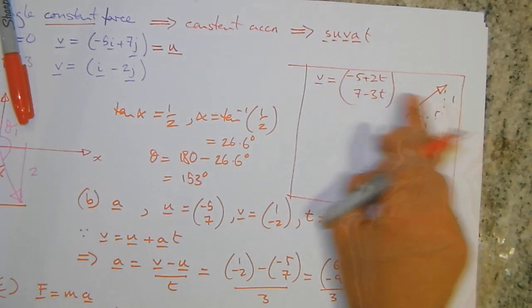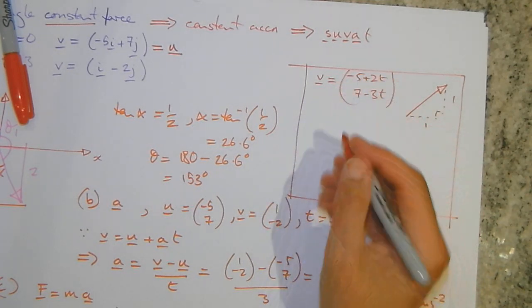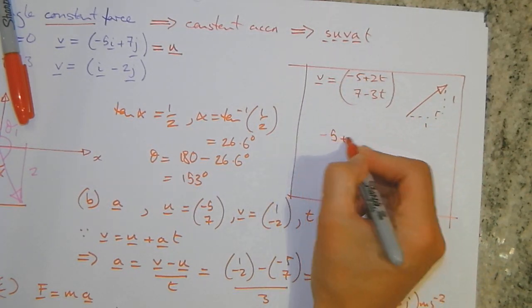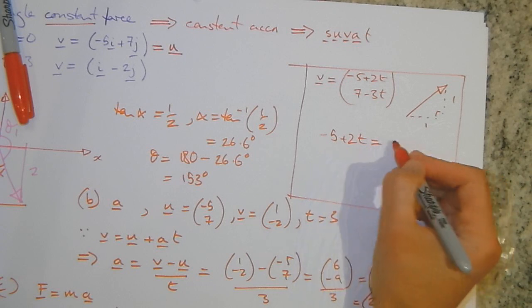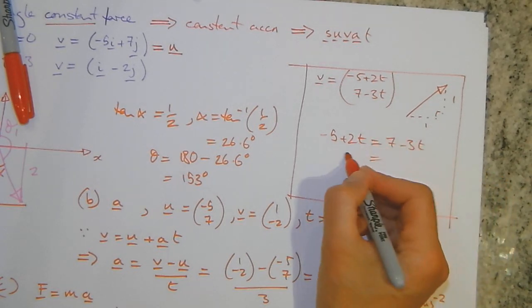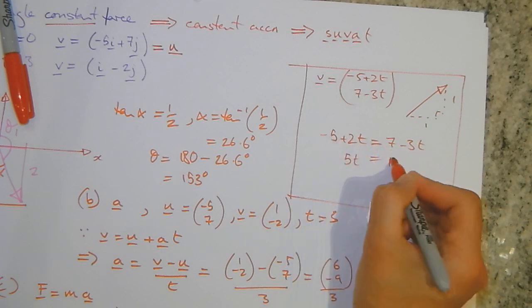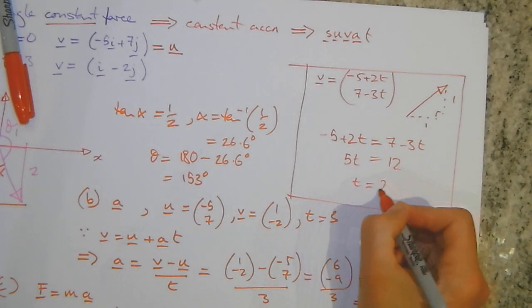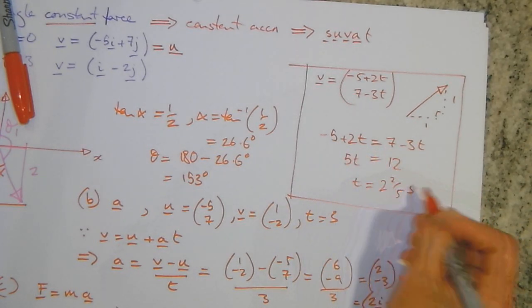This is parallel to that when these two components are equal. 5t, 12, t is 2 2/5 seconds.